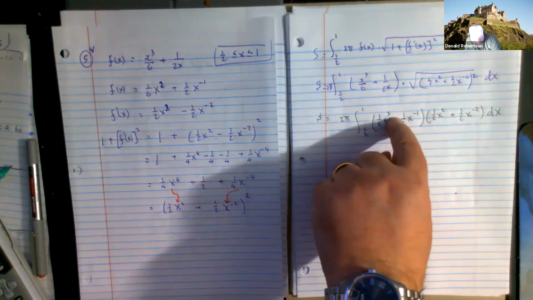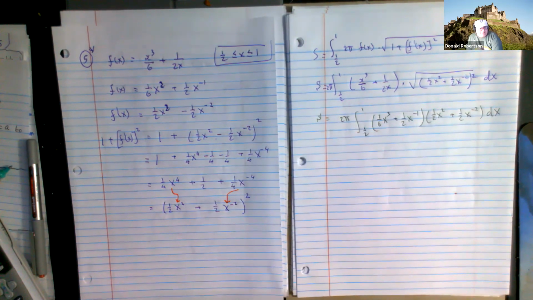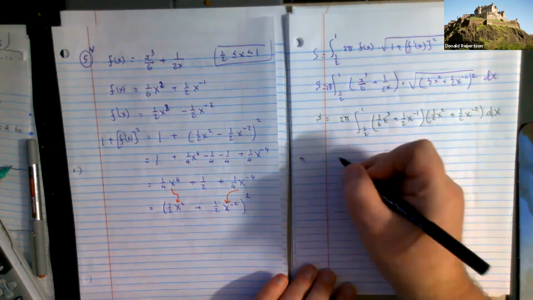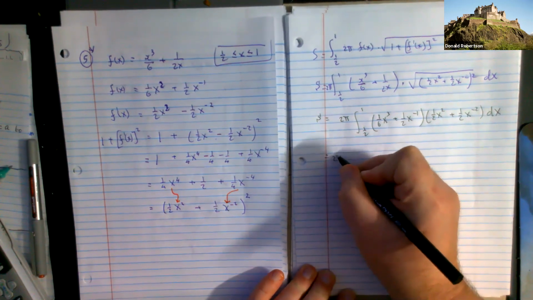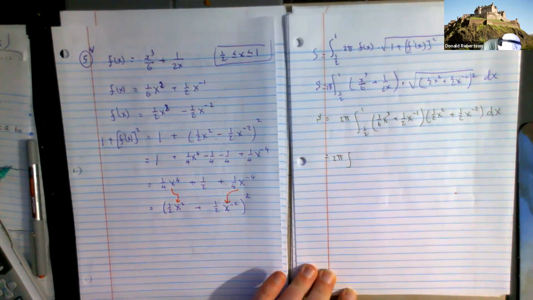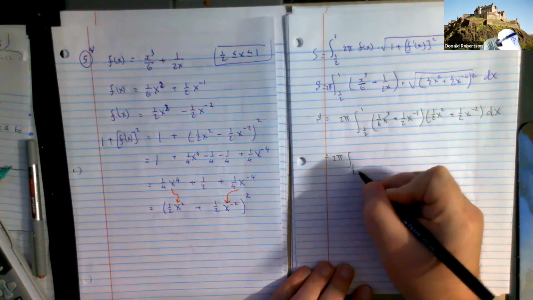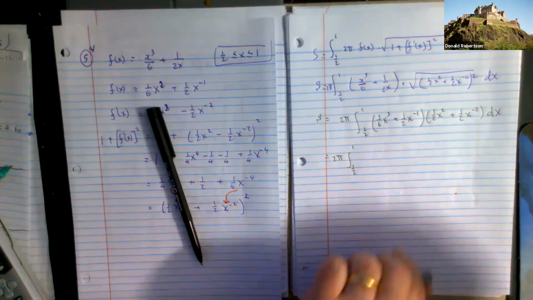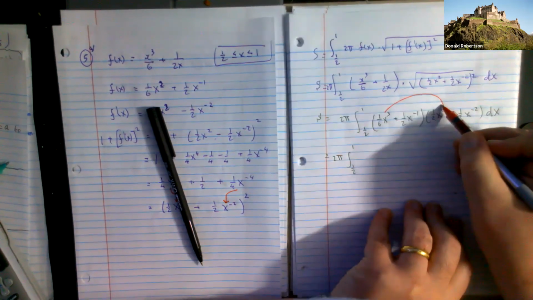Ugly times ugly. But isn't it still FOIL? It's still FOIL. You're just going to have to deal with the fact that it's not x times x and x times 3. But apart from that, it's still FOIL. So here's my F coming up.